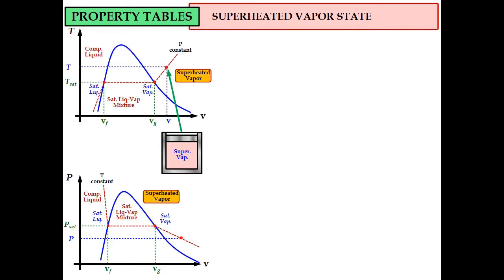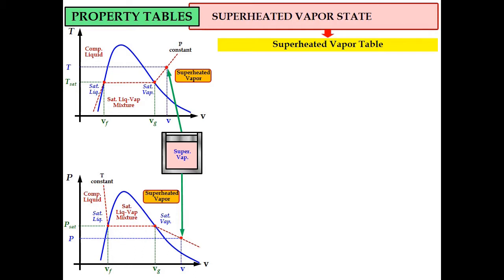If the pressure is below P saturated, that means the state is within the superheated vapor region. For the PV diagram, we also have specific volume for the state.